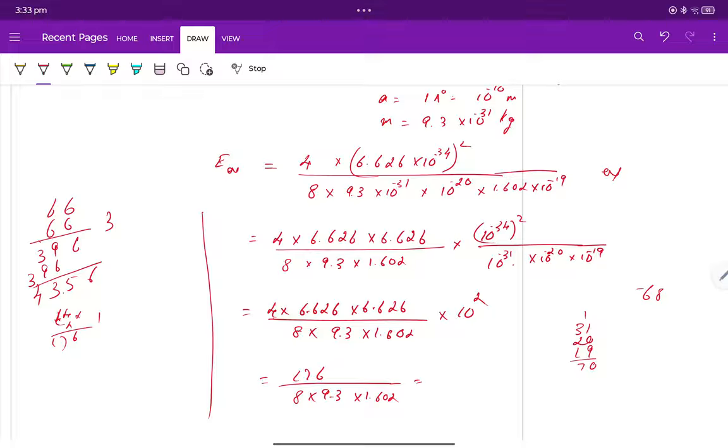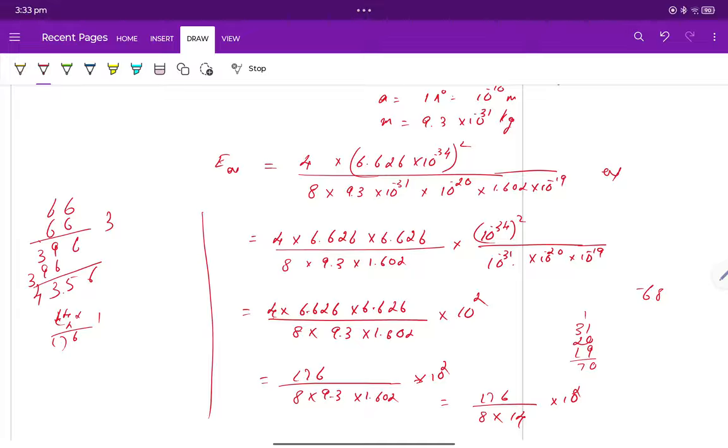So this will be equal to 176 divided by 8 into 9.3 into 1.5, into 10 to the power of 2. So 9 plus half of 9, which is 4, so this will come to around 8 into 14, into 10 to the power of 2.